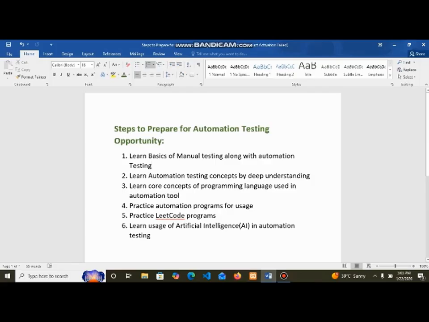And next step is learn automation testing concepts by deep understanding. So just reading the automation testing concepts does not help you to get the job, because you have to understand the concepts to answer the questions in the interview.